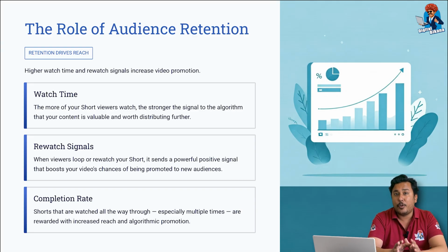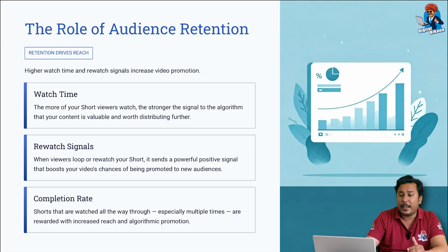So you should focus on getting good watch time as well. And rewatch signals also give a good signal. If somebody is watching your short and it is a good short, then people might rewatch that particular short.